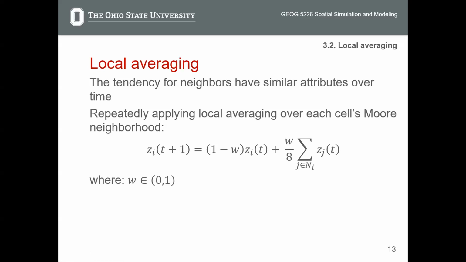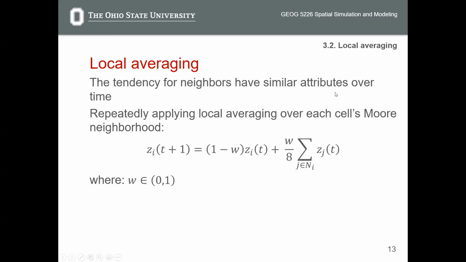So eventually you will find out that cells are getting closer to each other in terms of the value. That's the reason why local averaging refers to the tendency for neighbors to have similar attributes or similar values over time.